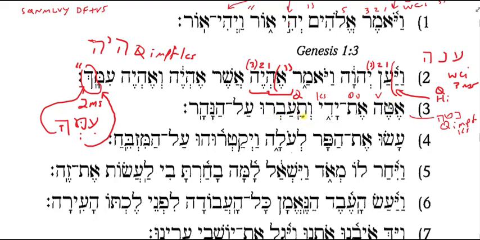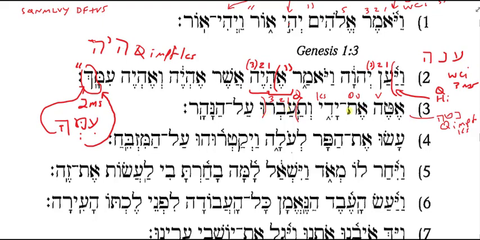Vata'avru, and here's a prefix tav, 3 root letters. Isn't that beautiful? Don't see that very often anymore. And then the shuruk at the end. So this is v ta'avru. This is probably 2MP. Y'all will go down, or excuse me, y'all will cross over.